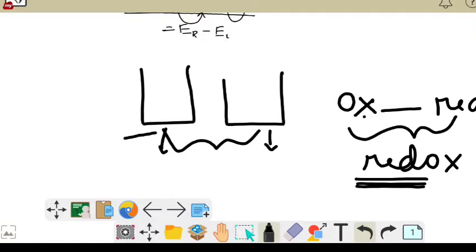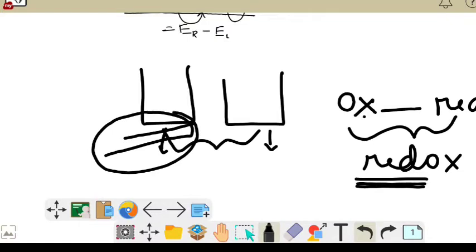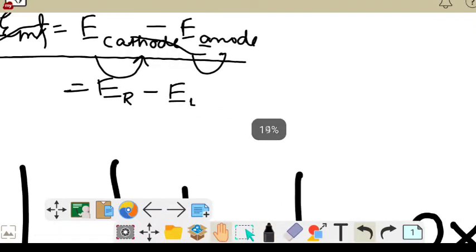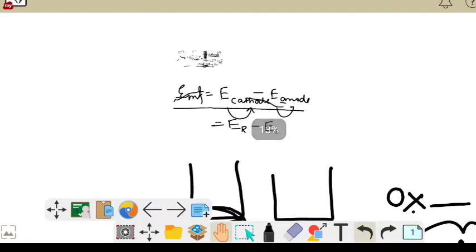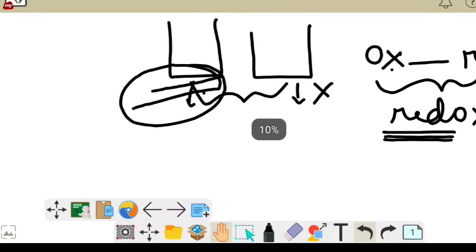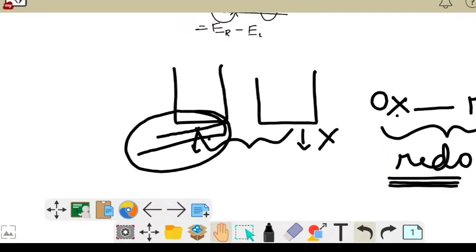So you cannot calculate the single potential of any electrode, whether it be anode or cathode. For EMF we need the potential of cathode minus the potential of anode, but it is not possible to calculate them individually, because if oxidation is occurring then reduction is occurring, and if reduction is occurring then oxidation has to be occurring. So you cannot calculate the potential individually.